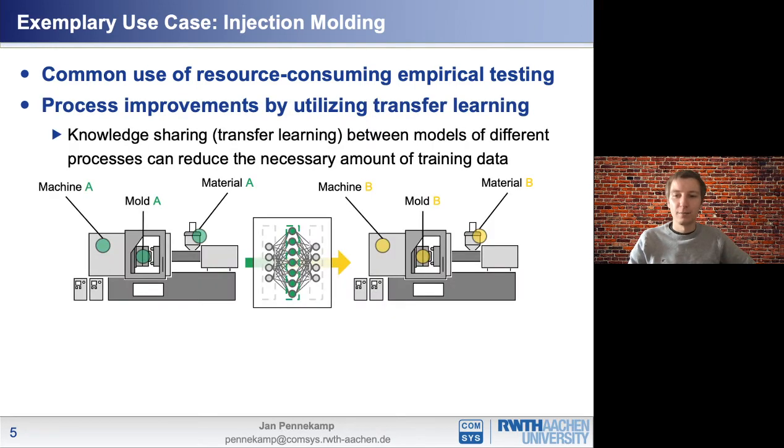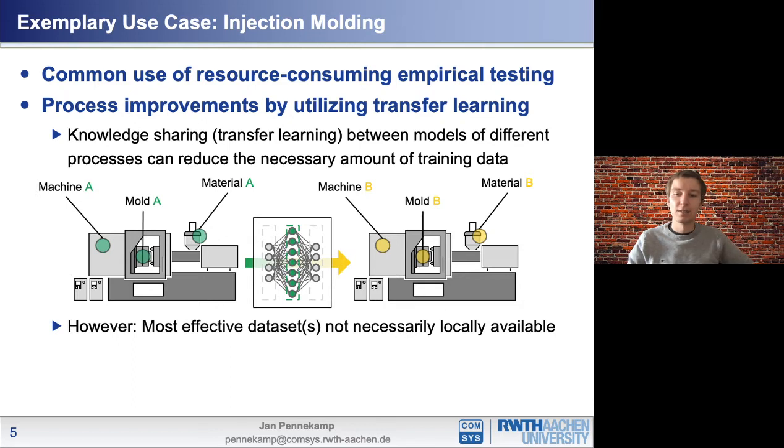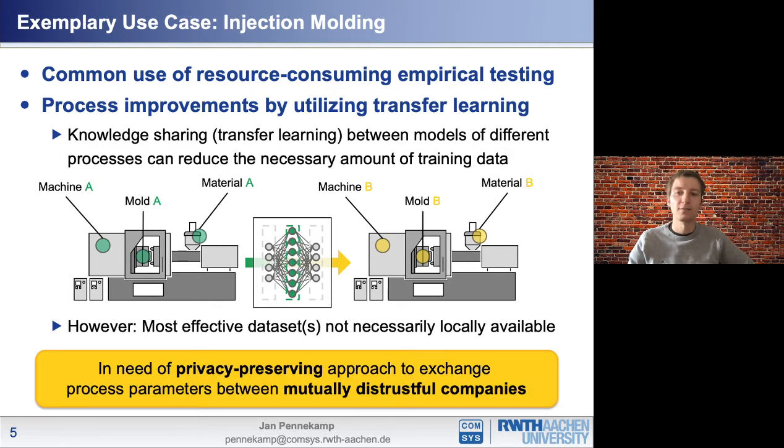Here, a lot of improvements are expected by utilizing transfer learning. However, we require a training data set to apply this transfer learning. And the issue here is that we might not have the best effective data available locally because it might only be available at another company or stakeholder. So we're in need of a privacy-preserving approach to change that, and this should even work between mutually distrustful companies.